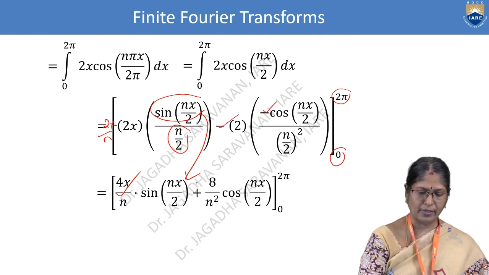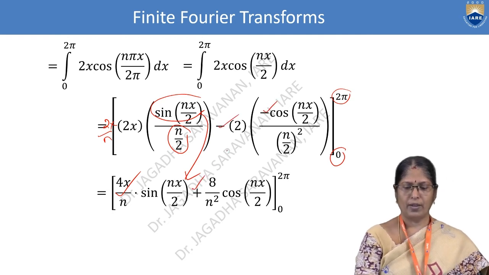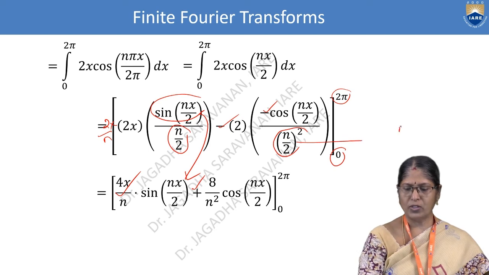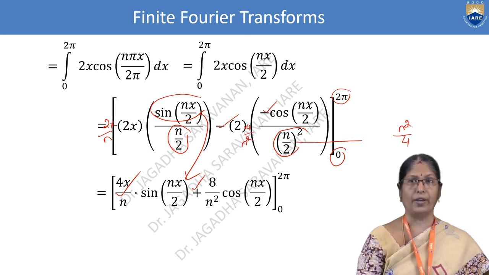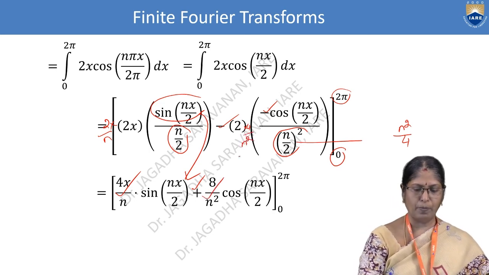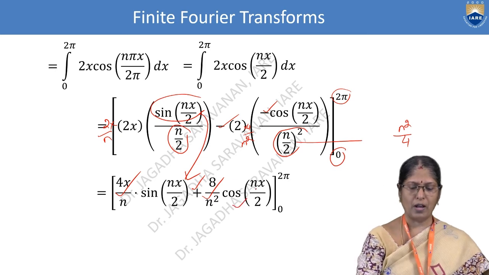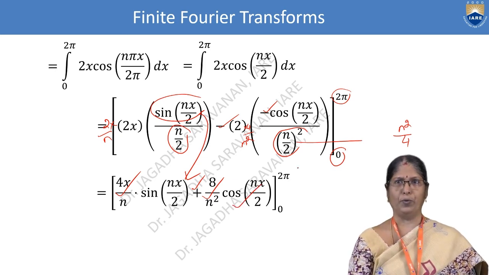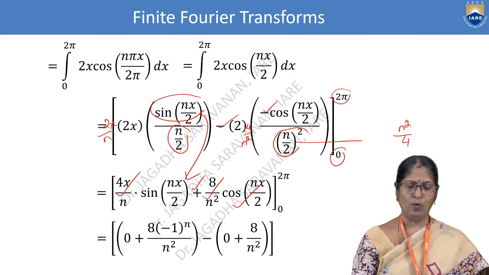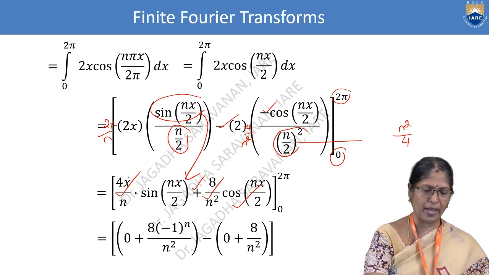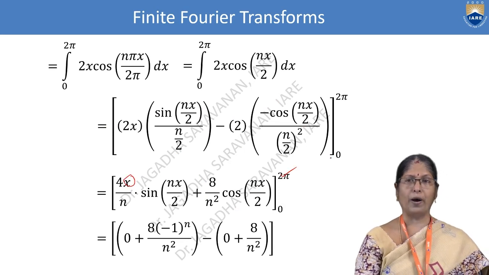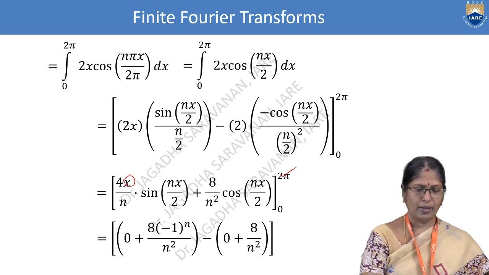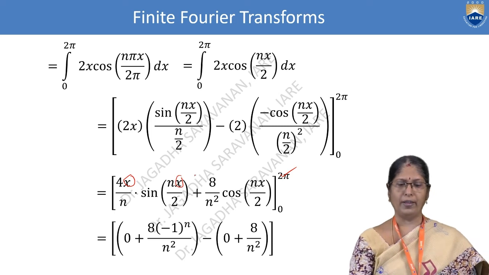This minus has become plus. Here it is n square by 4. We are bringing it up, then it becomes 4 by n square. So 8 by n square, cos of nx by 2. Now we will substitute 2 pi in the place of x. Here also we will apply 2 pi.